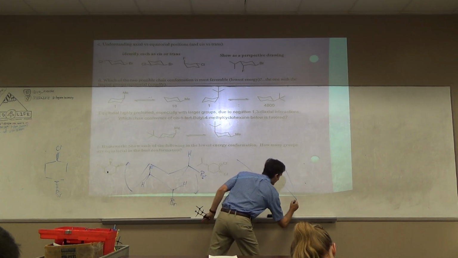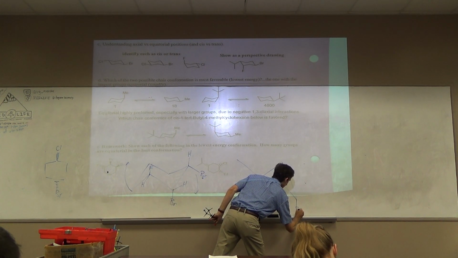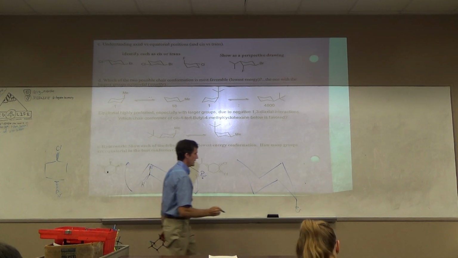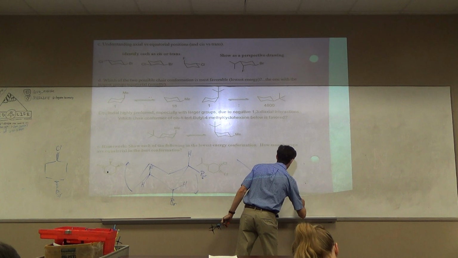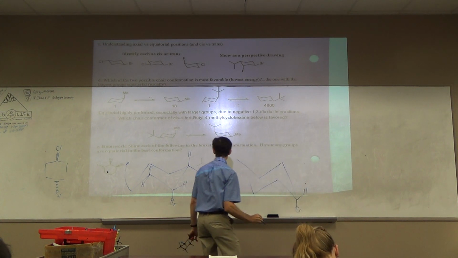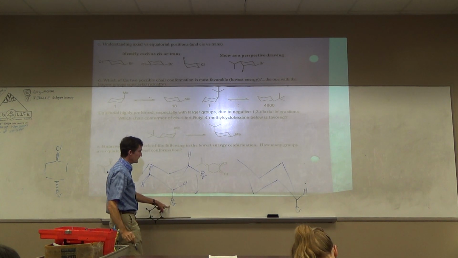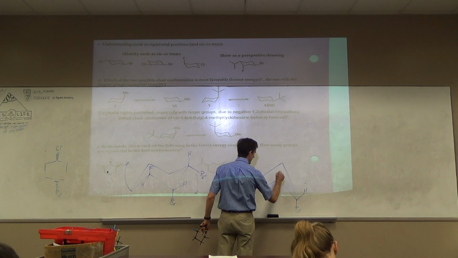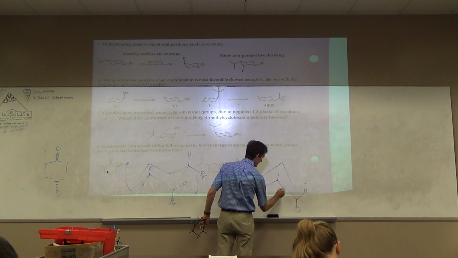Okay, this bromine now is straight down. Everybody agree? And the H is like this. This bromine here is now here. That's a straight up bond. And we have like that.